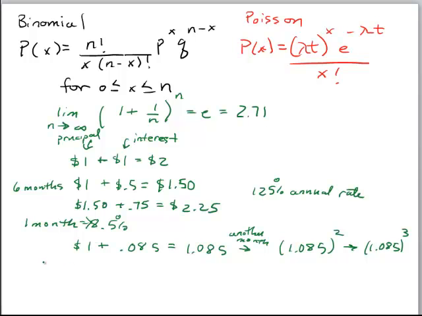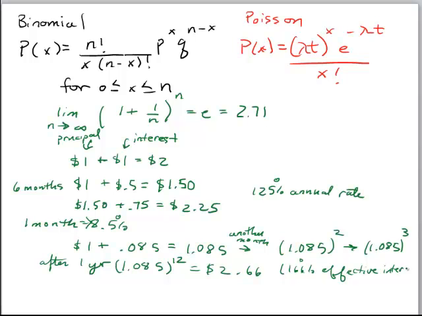So after 1 year, I'd have 1.085 to the 12th power. So that would be $2.66. So that's a 166% effective interest, just for that ability to stop and then extend if I wanted to.